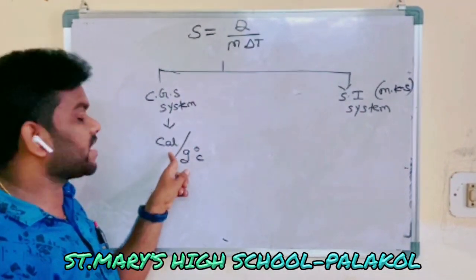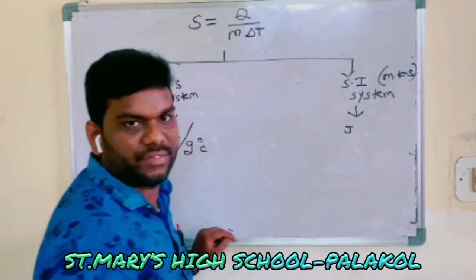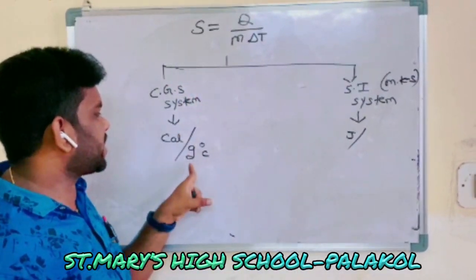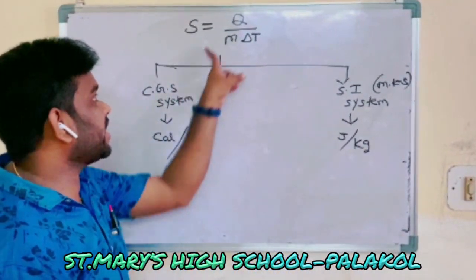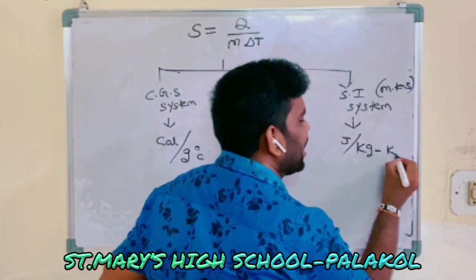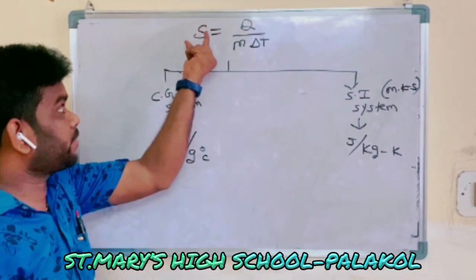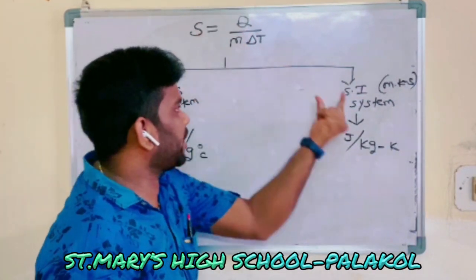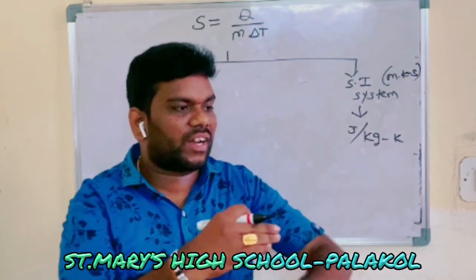Heat energy in CGS is calorie, but in the SI system it is joule, J. Mass in CGS is gram, but here it is kilogram, kg. Delta T in CGS is degree Celsius, but here it is Kelvin, indicated by the letter K. So the unit of specific heat in CGS is calorie per gram degree Celsius, and in the SI system it is joule per kg Kelvin.